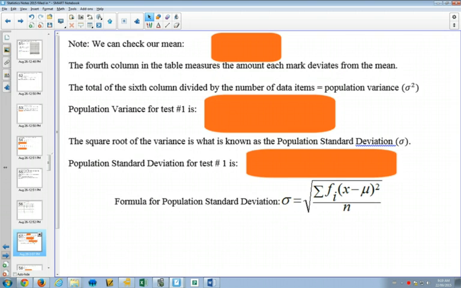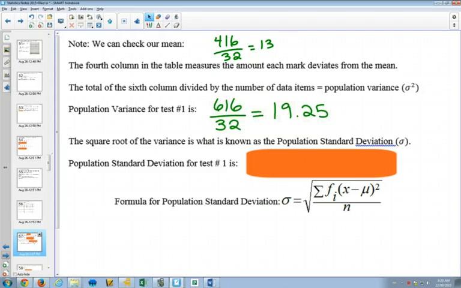So from this, we can check our mean, which we did already. 416 divided by 32 is 13. Now our variance is that 6th column, its total, divided by how many items we have, which is 32. 616 divided by 32, we would say that our variance is 19.25.